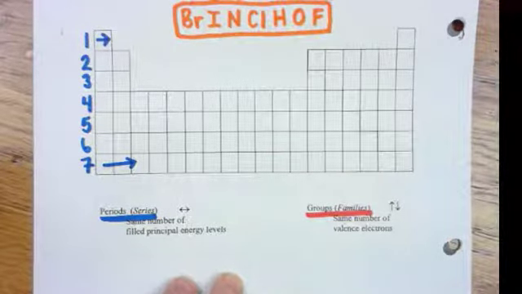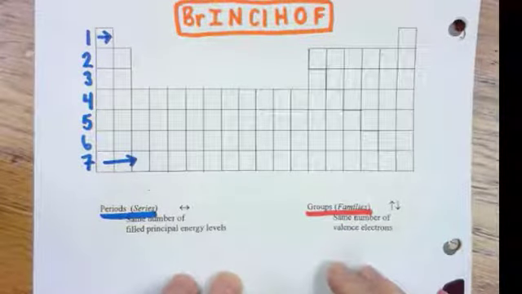Everything in a group or family has the same number of valence electrons, and the groups and families go up and down. They're numbered starting on the left up to 18.